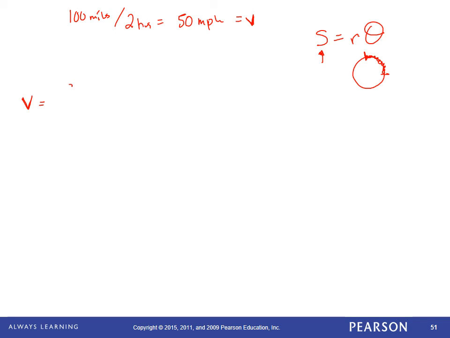So we have arc length divided by time. So again, if this was, let's say, 20 meters, and it took you 10 minutes to do it, then you got yourself a velocity.